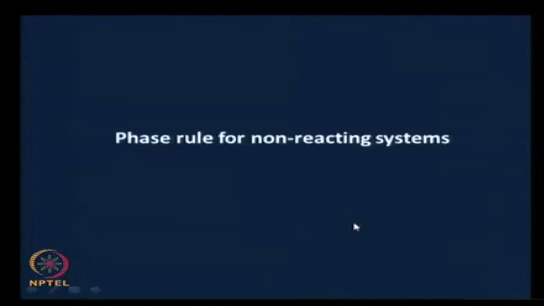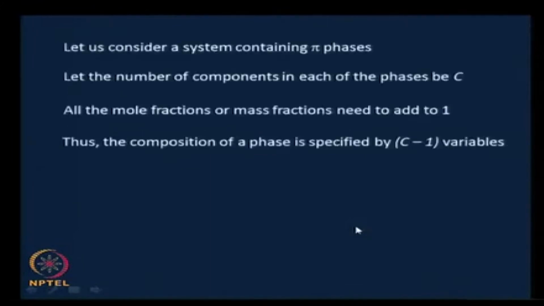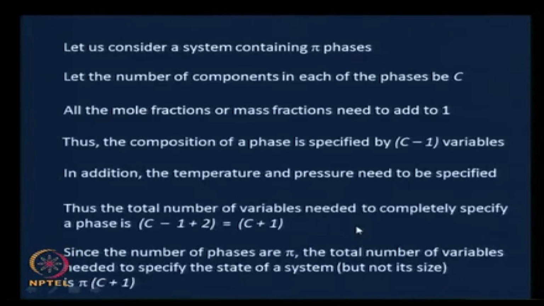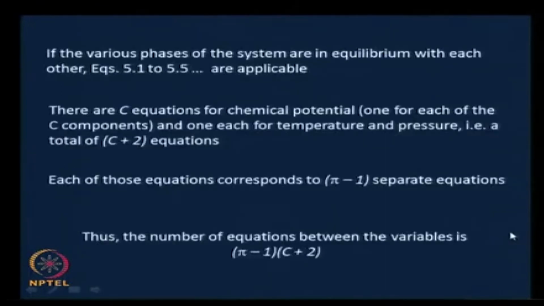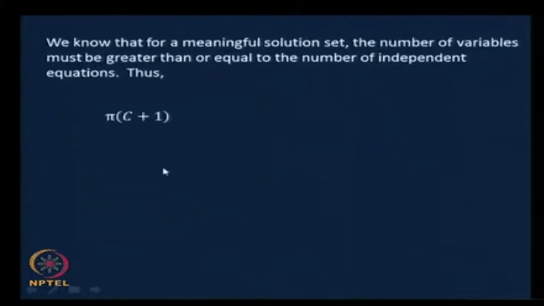And then we also saw the phase rule for non-reacting systems. The way we went about deriving the phase rule was, if we are considering a system containing pi phases and the number of components is C, then we saw that the number of equations between variables was pi minus 1 into C plus 2, and the number of variables was pi into C plus 1.